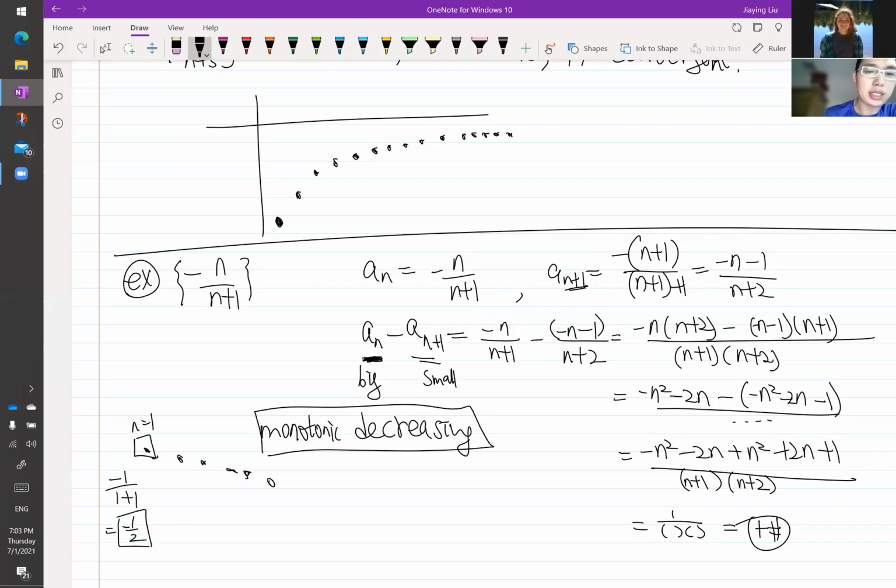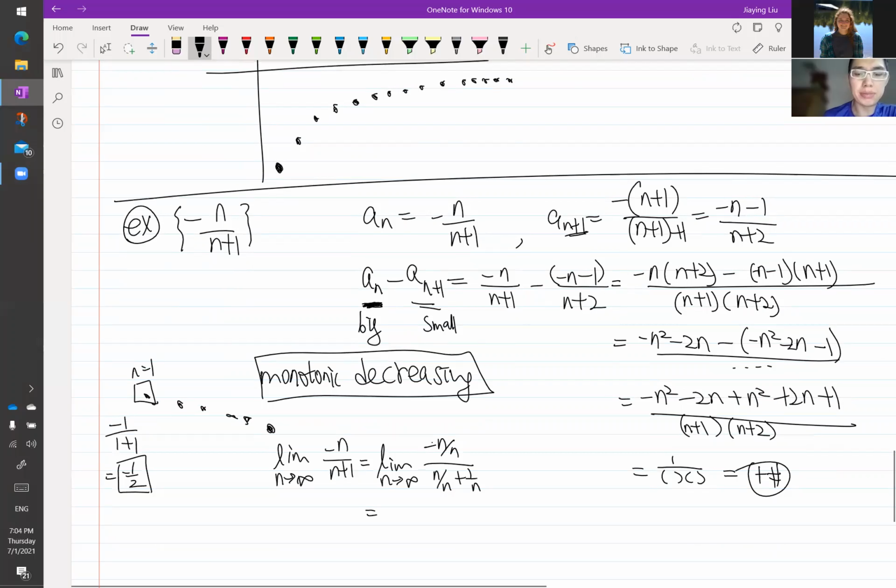Weird. And then the last element is given by the limit as n goes to infinity of negative n over n plus 1. If you remember, we had something like this last time. So we're going to divide by n directly. So that becomes the limit as n goes to infinity of negative n over n, divided by n over n plus 1 over n.